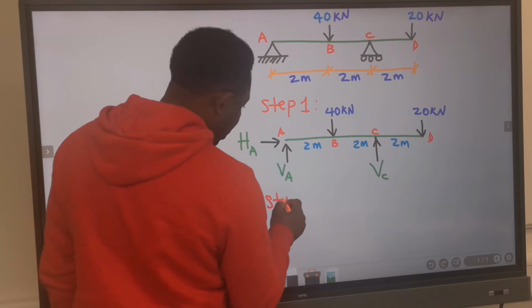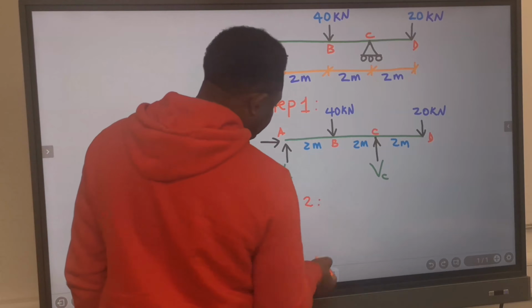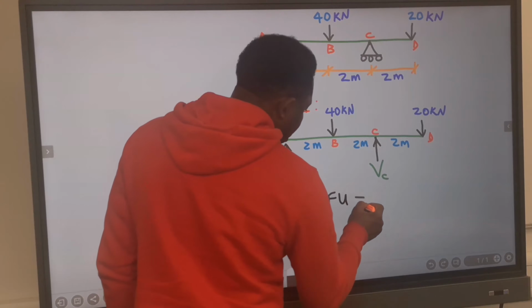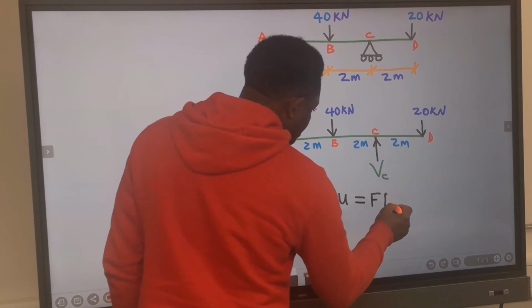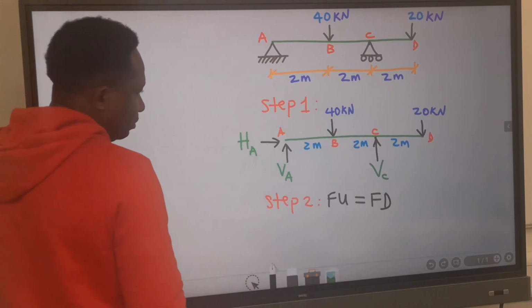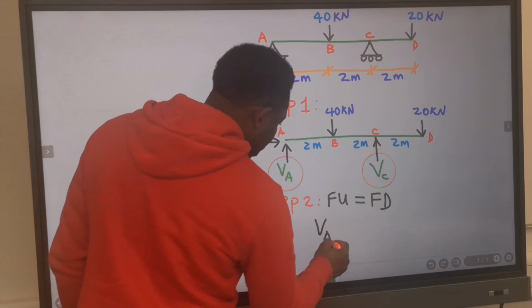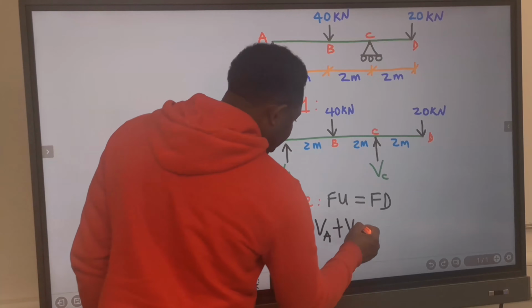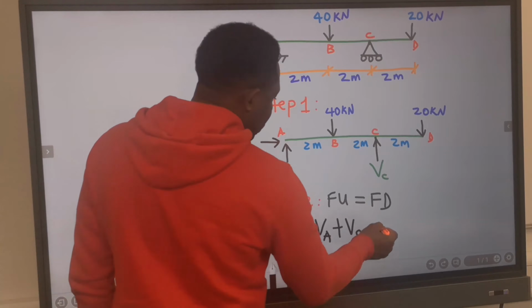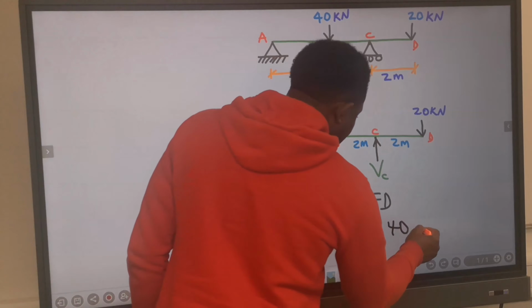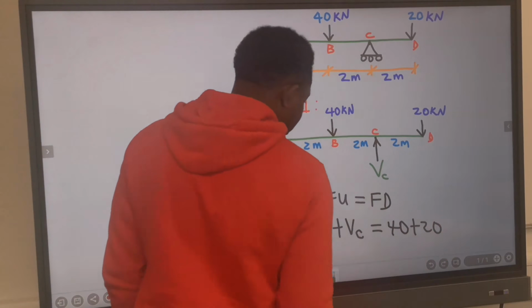In step number 2, we're going to have that forces going up must be equal to the forces coming down the beam. The forces going up is V subscript A and V subscript C, while the forces coming down is 40 and 20.